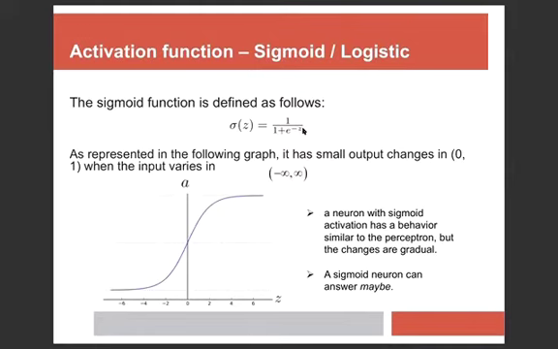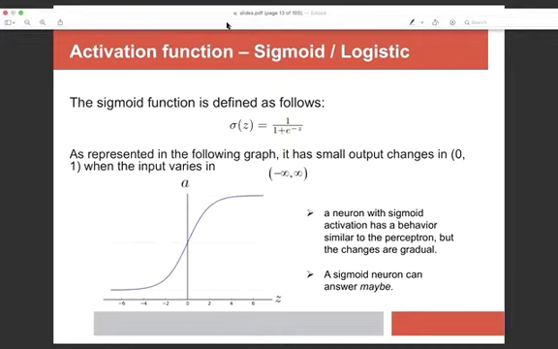The unit with the sigmoid activation function will have the same behavior as our previous perceptron, because it also will activate the outputs to 0 and 1. So it can also answer a yes-or-no question, whether it is 1 or 0. But it is better than the previous perceptron activation function, since this change is gradual, not a big jump, and indicates that it can be differentiated.